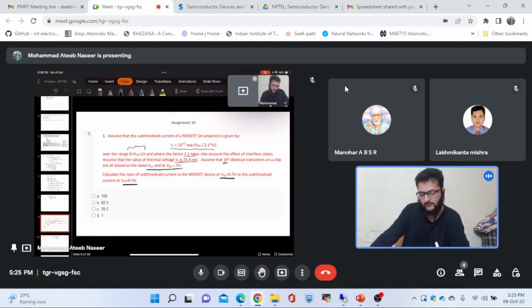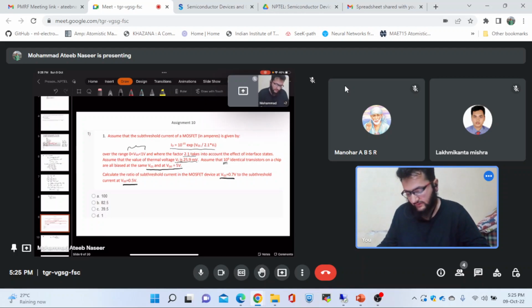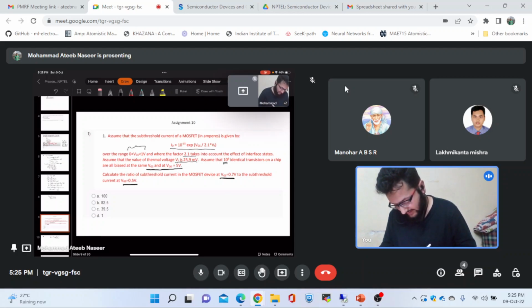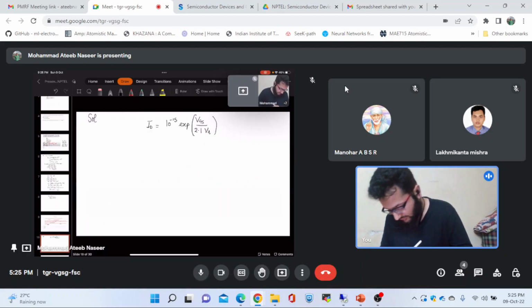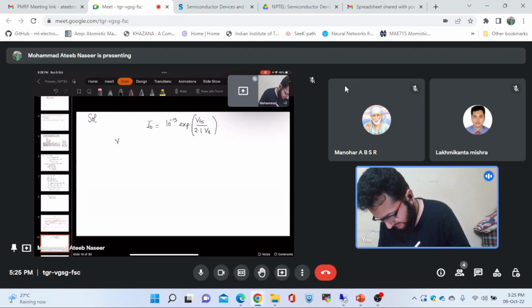Yes, it is 10 to the power of minus 15 exponential of VGS divided by 2.1 VT. Now we have two bias voltages, one is 0.7 volt and the other is 0.5 volts. So we have VGS1 equal to 0.7 volts and we have VGS2 equal to 0.5 volts.